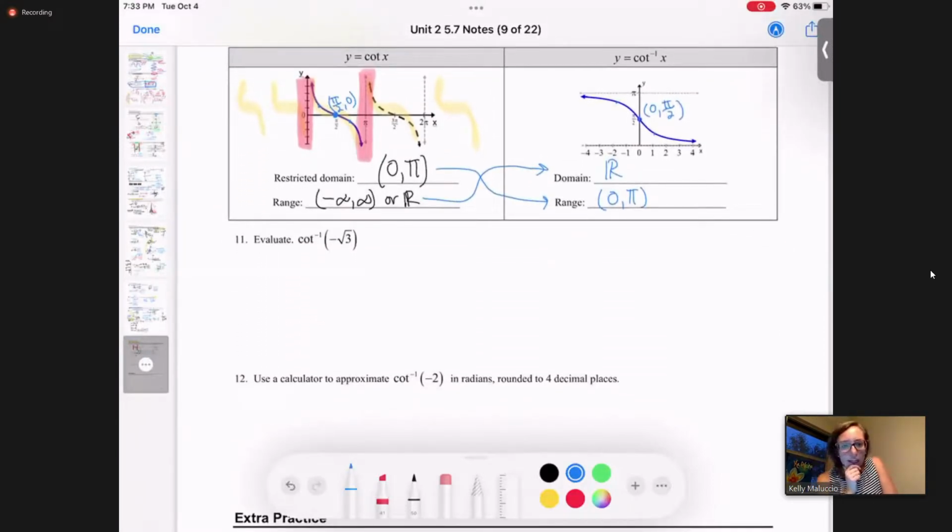So if we want the inverse cotangent here, the best way, I know this is weird, is to set this equal to your angle and rewrite it as cotangent of theta equals -√3/1, right?